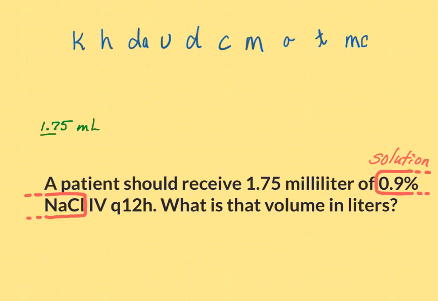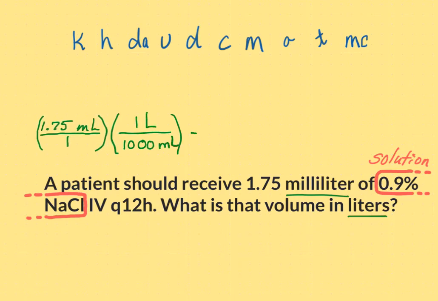We're starting with 1.75 milliliters, so I'm going to put that over 1. Now I need a conversion factor. All right, I need to go from milliliters to liters. Therefore, I'm going to remember that there are 1,000 milliliters in 1 liter. So I'm going to wind up canceling those milliliters, and I will have 1.75 liters divided by 1,000.